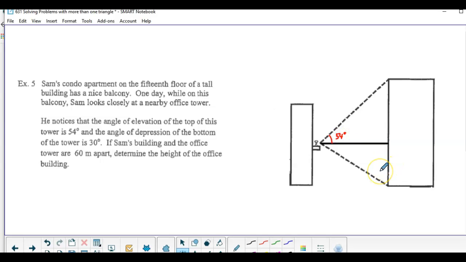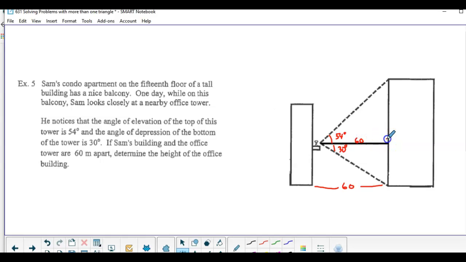Angle of elevation and depression are always from the horizontal. Okay, and then to the bottom, this is 30. Okay, and then the distance across, so this distance here is 60. Oops, not straight, but that also means that this is 60.